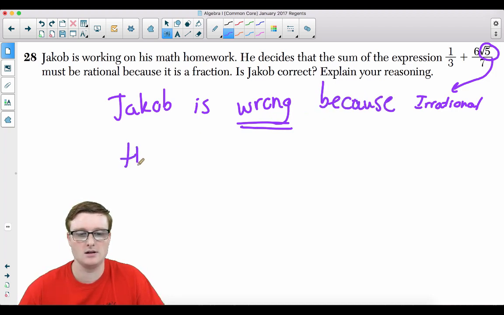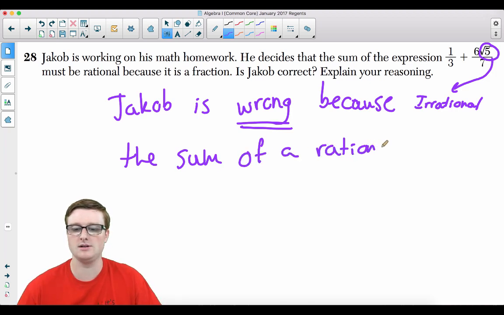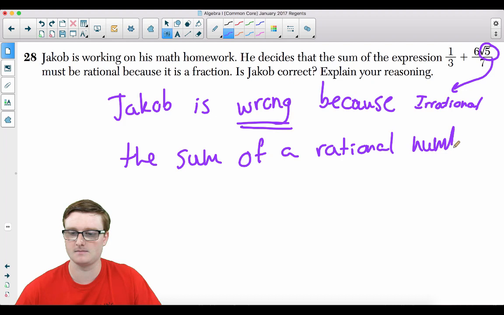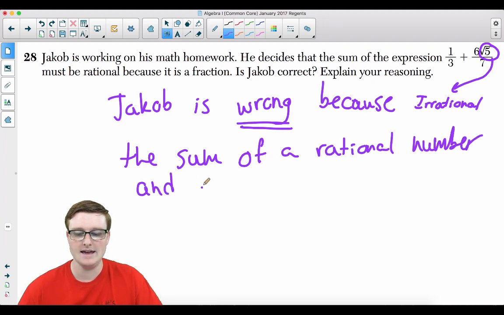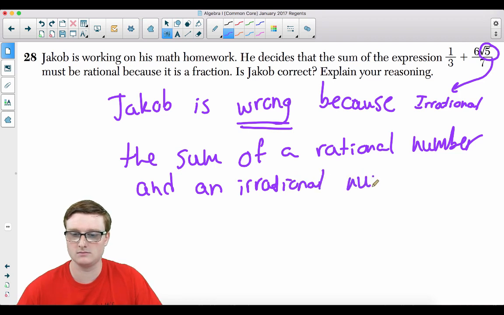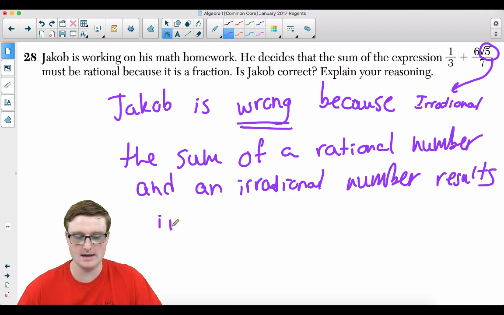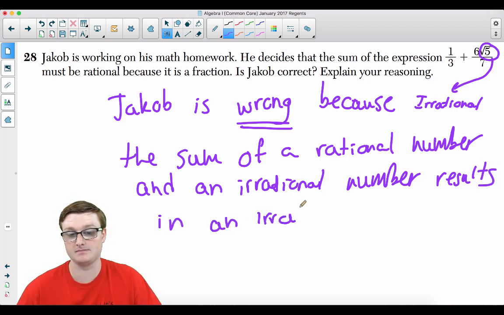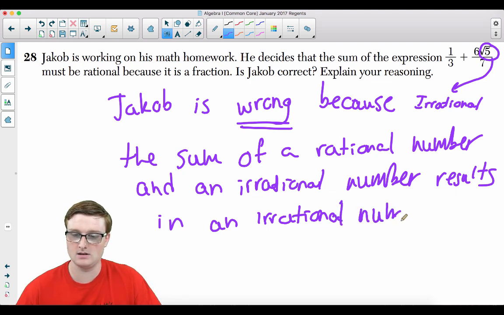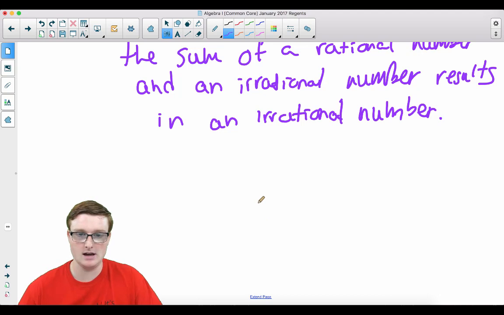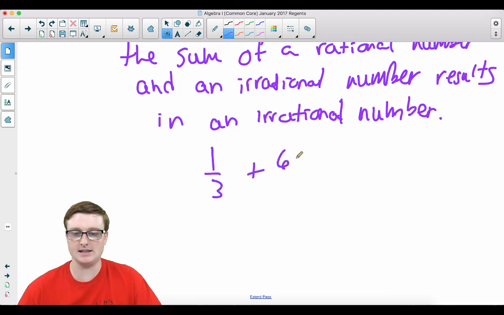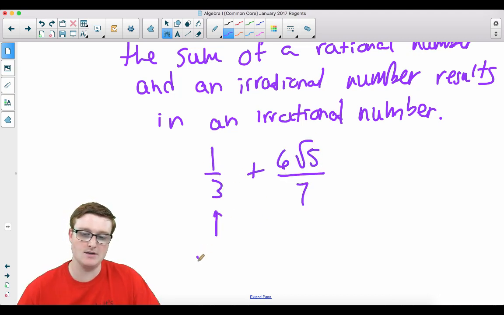because the sum of a rational number and an irrational number results in an irrational number. Okay, because 1/3 plus 6 radical 5 over 7, this is rational.